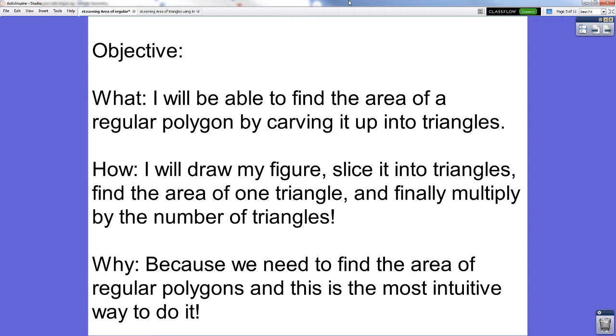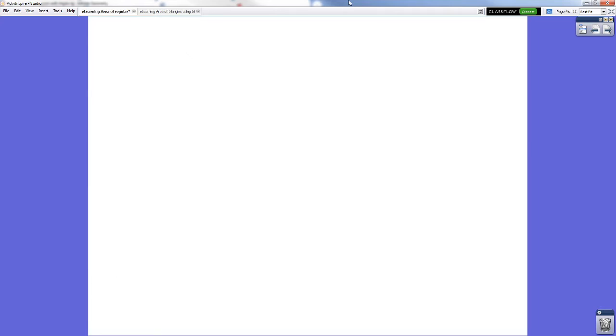We're going to use the same idea. The one difference is that since we're no longer going to be able to find the area of a triangle the normal way, we're going to use the trig way that we talked about in the previous video. So be prepared. Here we go.